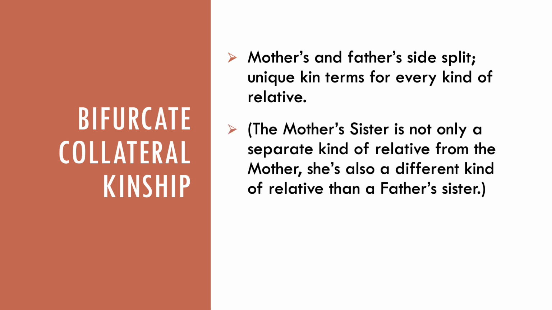So the mother's sister is not only a separate kind of relative from the mother, she's also a different kind of relative than a father's sister. In a descriptive system, right, you have aunts who are a parent's sister, and it doesn't matter which side. But in bifurcate collateral, you have mother's sisters, mother's brothers, father's brothers, and they're all different.